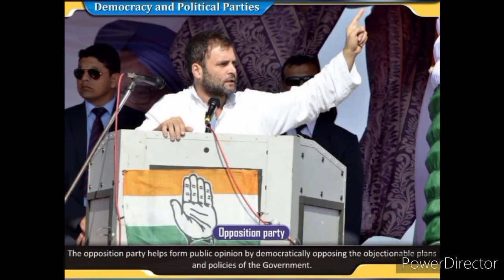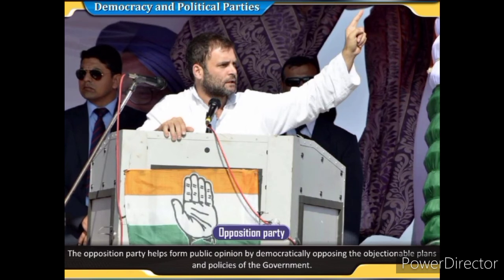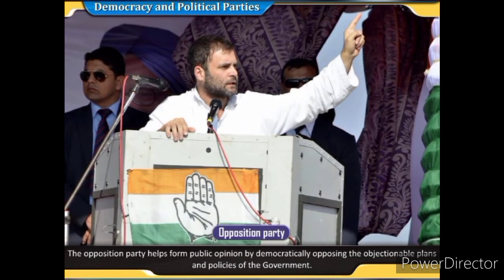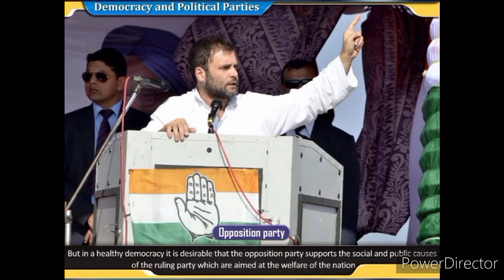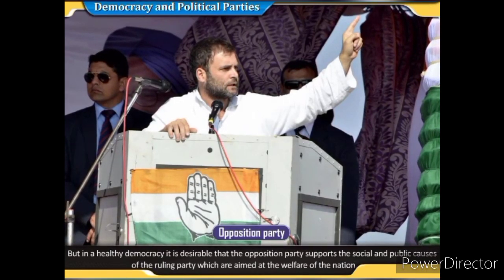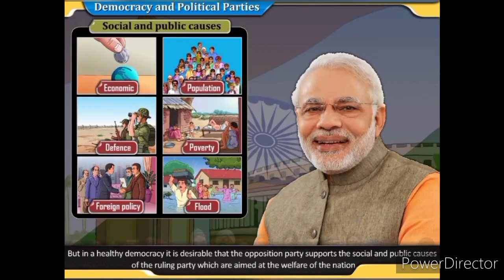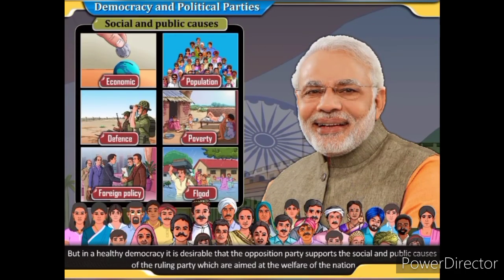The opposition party helps form public opinion by democratically opposing the objectionable plans and policies of the government. But in a healthy democracy, it is desirable that the opposition party supports the social and public causes of the ruling party which are aimed at the welfare of the nation.